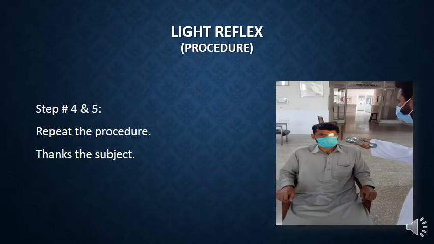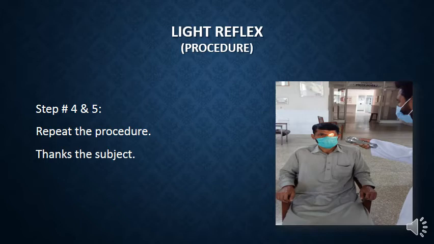So, in step number 3, we checked the direct light reflex as well as the indirect light reflex for the right eye. In step number 4, we will repeat the procedure for the opposite eye, and again we will look for the direct light reflex as well as indirect light reflex.